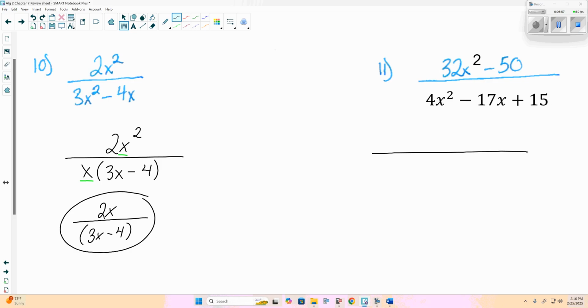We need to factor the top and bottom of this fraction. Now, the top of the fraction, 32x squared minus 50, is their greatest common factor 2? If we factor 2 out of 32x squared, we get 16x squared. Minus, if we factor 2 out of 50, we get 25.